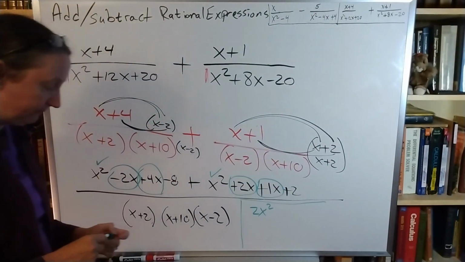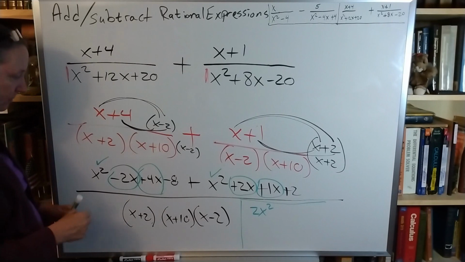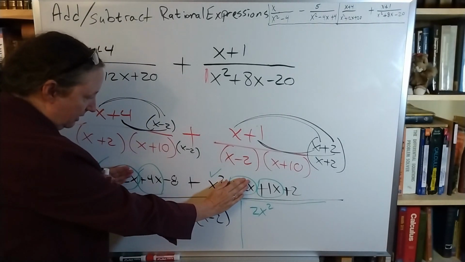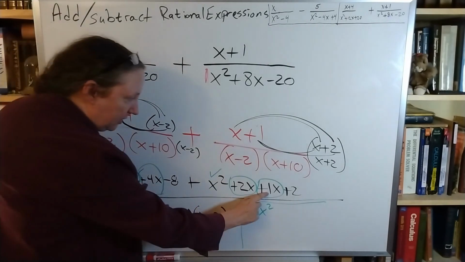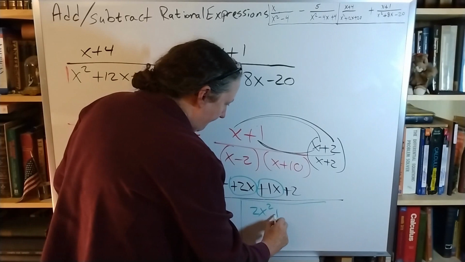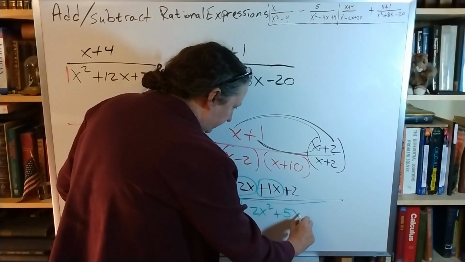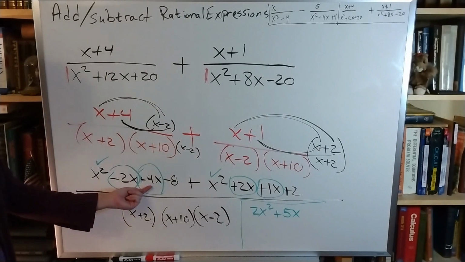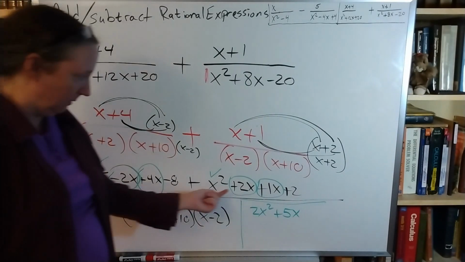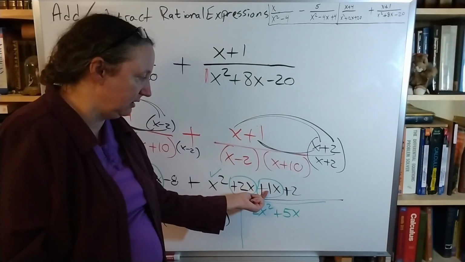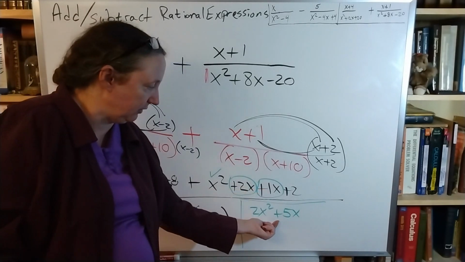So I need to combine those four terms. So I have the minus 2, I have the plus 2, they cancel each other out. So I have plus 4x plus 1x is plus 5x. So minus 2 plus 4 is 2. Plus 2 again is 2. Plus 1 is 5. So plus 5x.